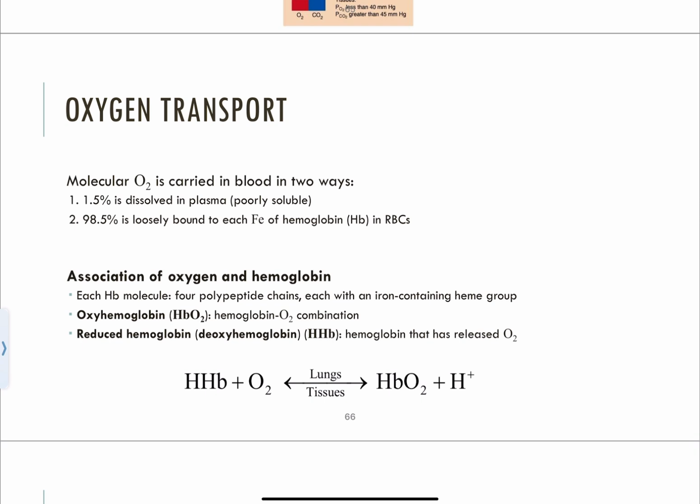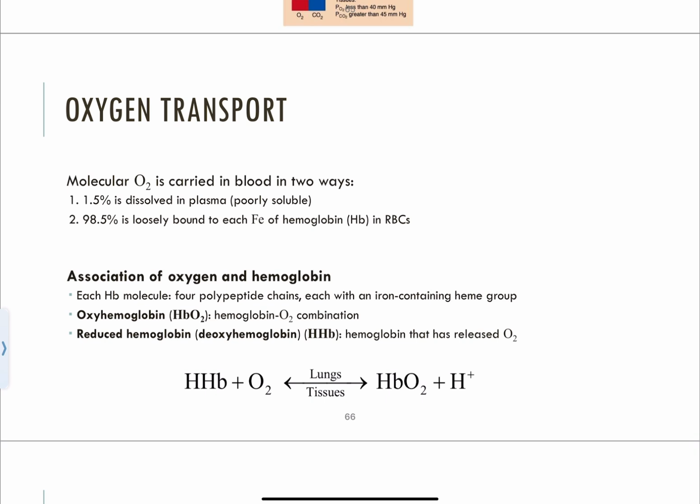So only about 1 to 2% of the oxygen being transported or carried in our blood is actually in the dissolved form. About 98 to 99% of all oxygen transport is going to be with oxygen bound to an iron atom in the actual hemoglobin molecule itself.